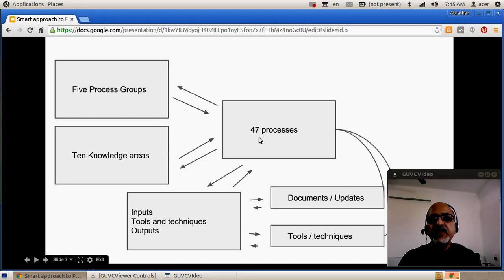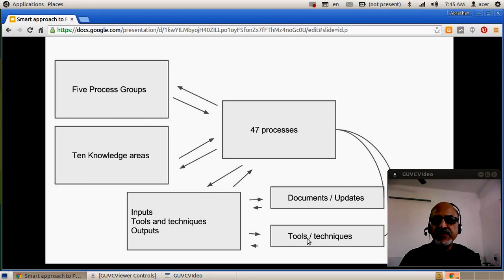If you go one more level below, these 47 processes comprise a set of inputs, tools and techniques, and outputs. If you decompose it further, we see a set of documents as inputs and outputs, and a set of tools and techniques which help us to build, manage, and leverage these artifacts and the contents for the successful execution and completion of the project.